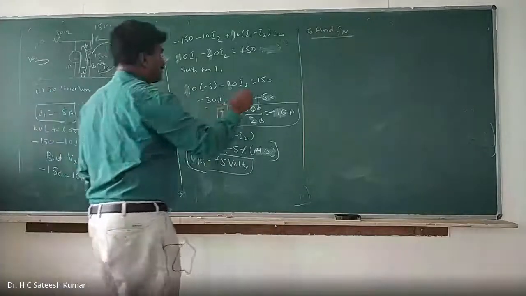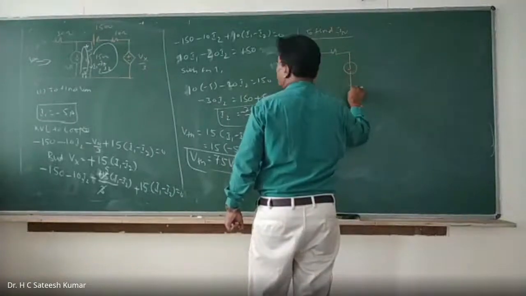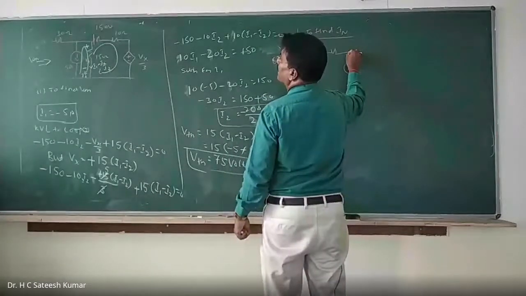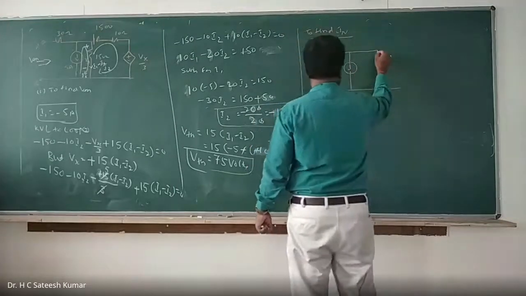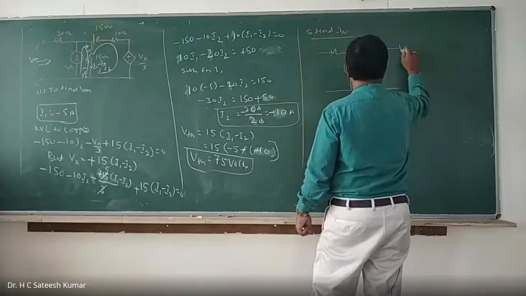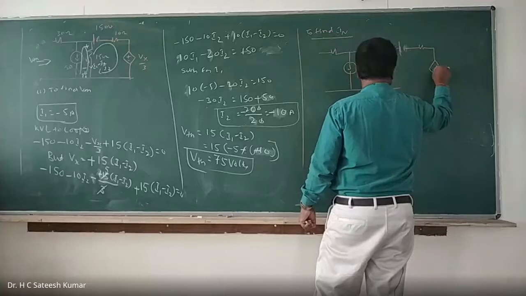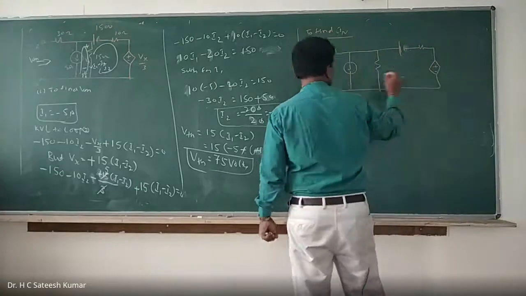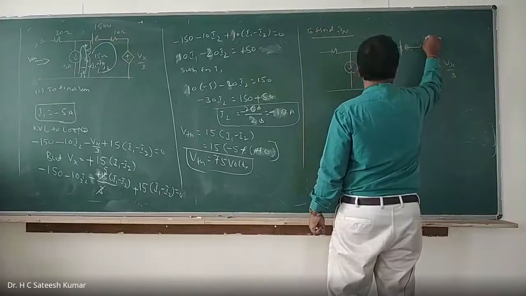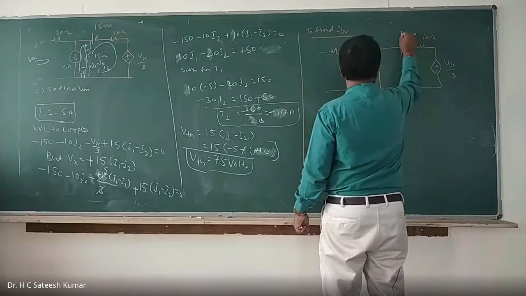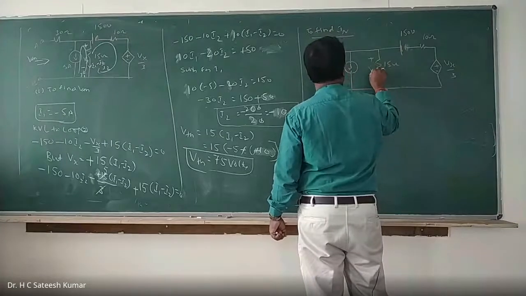Norton's current is equal to... This is Vx by 3, and this is 10 ohms, 150 volts, 15 ohms, plus minus Vx.